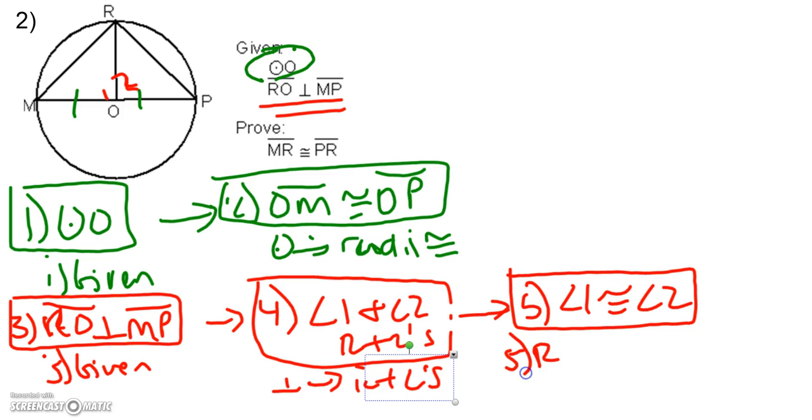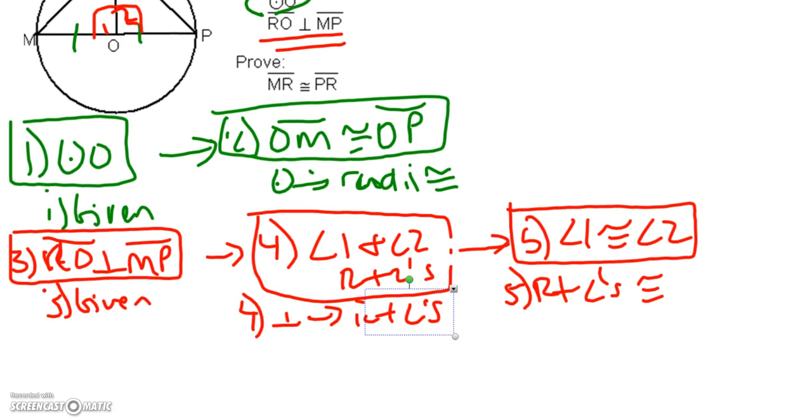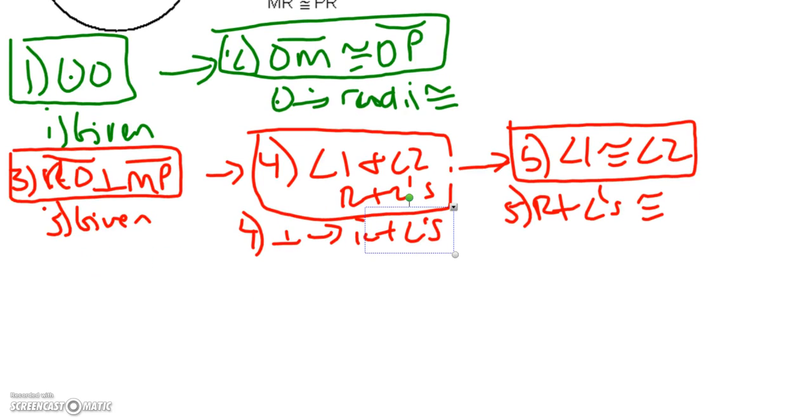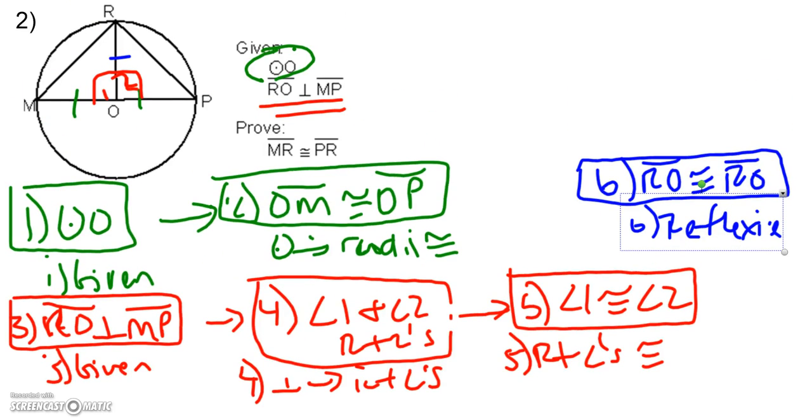And the reason is right angles are congruent. Now we have two pieces of information, and the third is a reflexive side. Now we have our three pieces of information in our triangles are congruent.